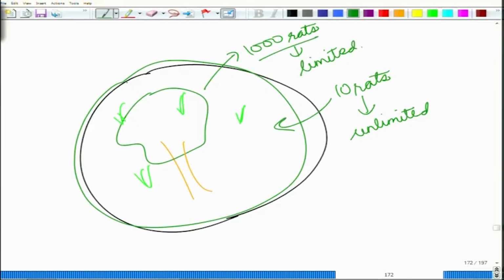So, whether the resource is unlimited or limited depends on the number of individuals that you have in the population. If you have very less number of individuals, then the resources are practically unlimited. If you have more number of individuals in the population, then practically the resources are becoming more and more limited.